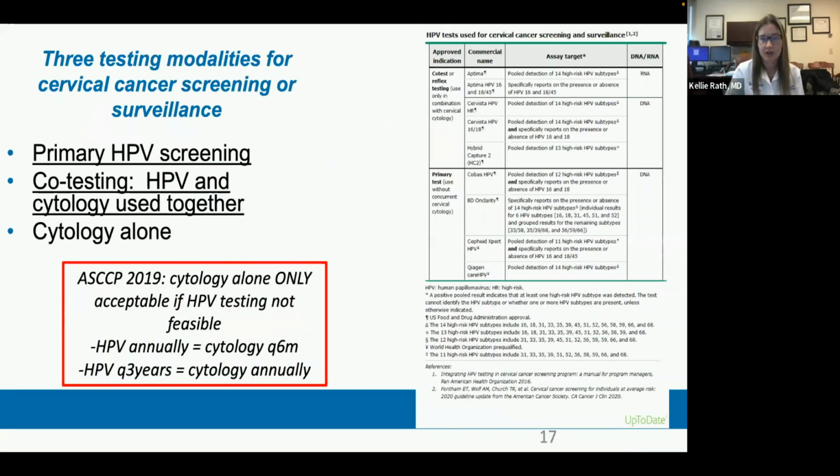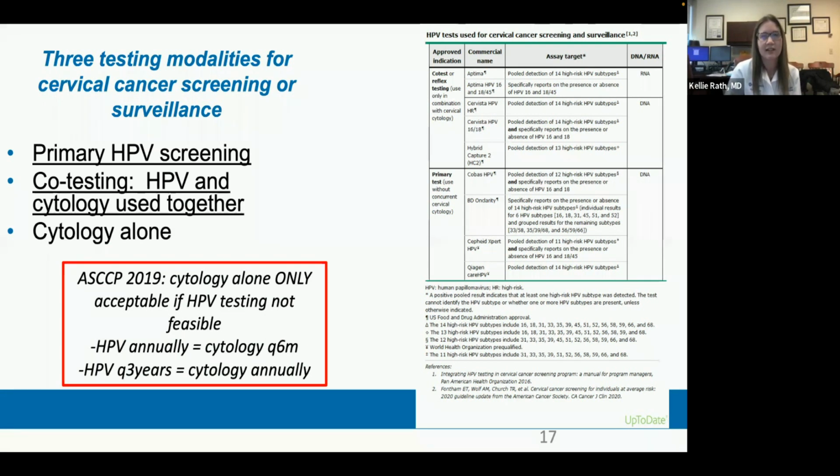And so when we think about screening for cervical cancer, like I said, it's a cancer, or precancer, that takes a long time to develop, so it is very amenable to screening. We use both primary HPV screening as well as co-testing. And the ASCCP is kind of our guiding body on how to screen for as well as treat precancers and cancers of the cervix, or precancers really.